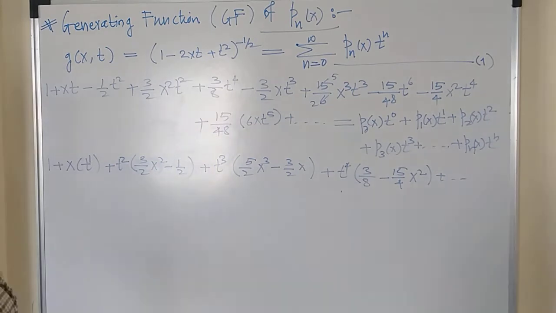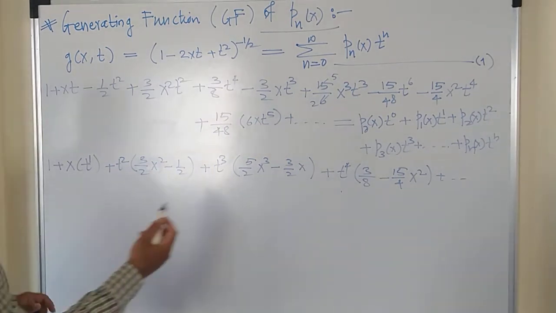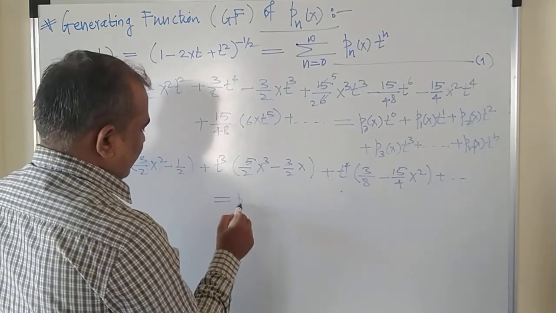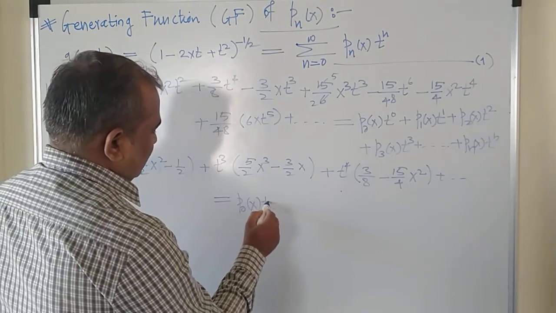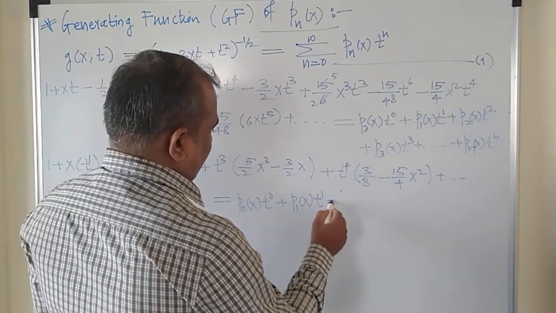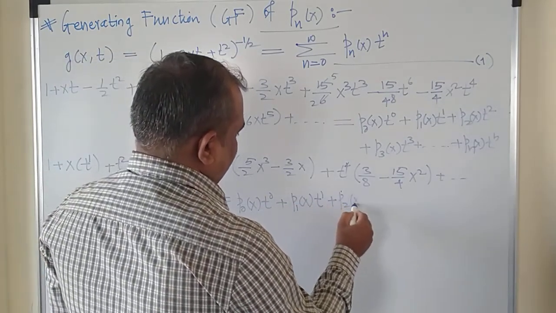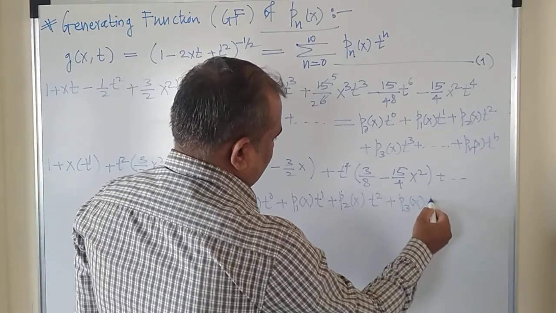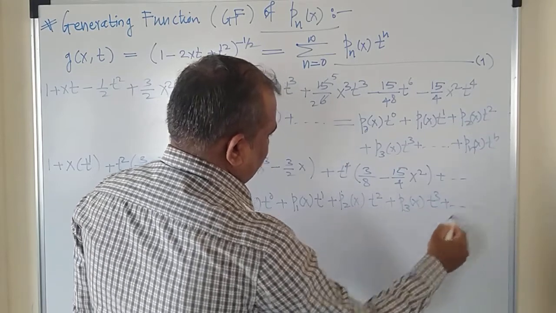So let me write the right hand side. Right hand side is p naught of x t raised to power 0, p1 of x t raised to power 1 plus p2 of x t square plus p3 of x t cube plus dot dot dot.